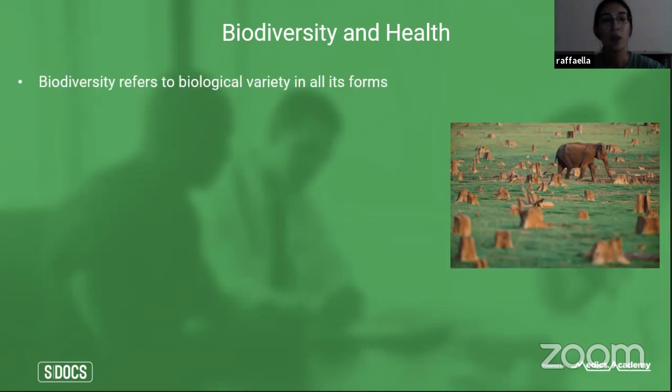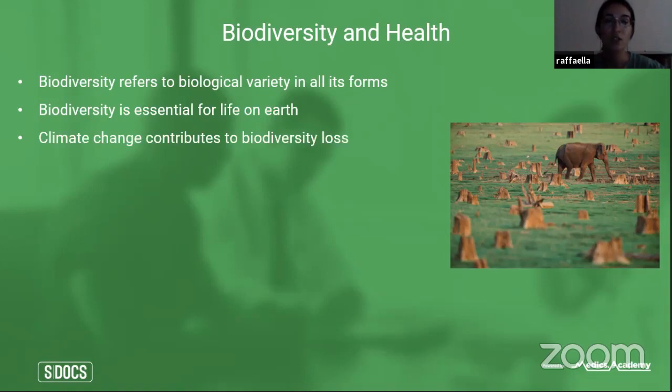Biodiversity refers to the biological variety of life on the planet in all of its forms. And biodiversity is essential for life in ways that may not be always apparent or appreciated. For example, it supports many human needs, including availability of nutrition, energy, fresh water, development of medicines, and all of these underpin good health.